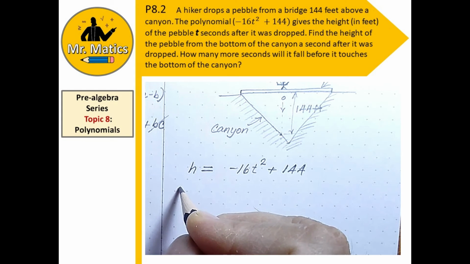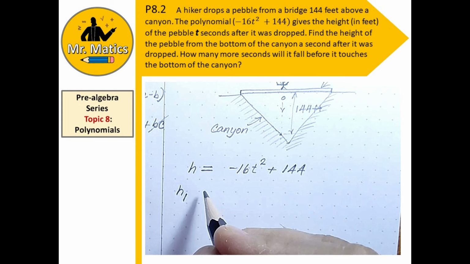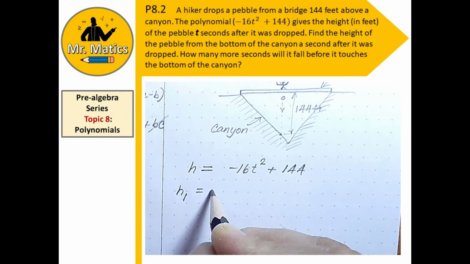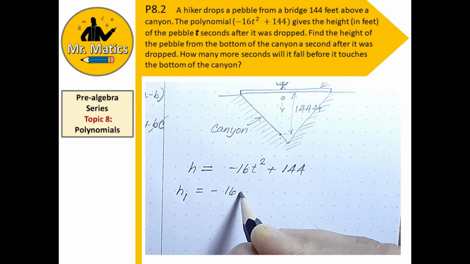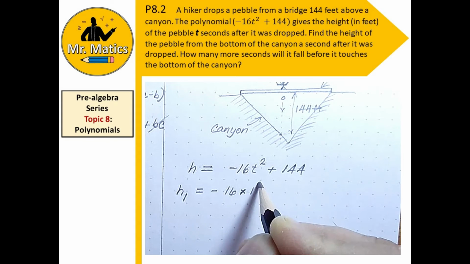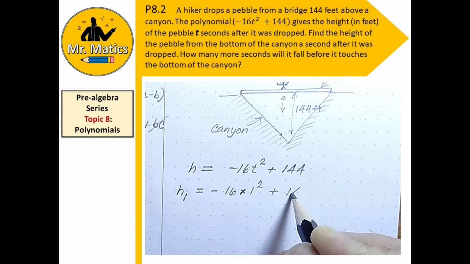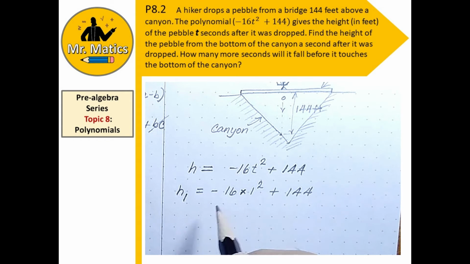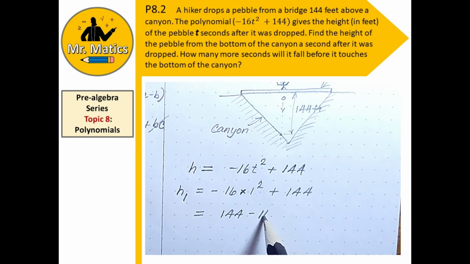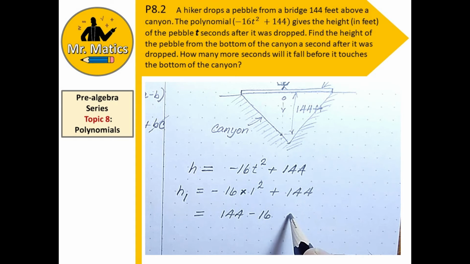So let's call it h1 equals minus 16 times 1 squared plus 144, equals 144 minus 16, and that is 128 feet.